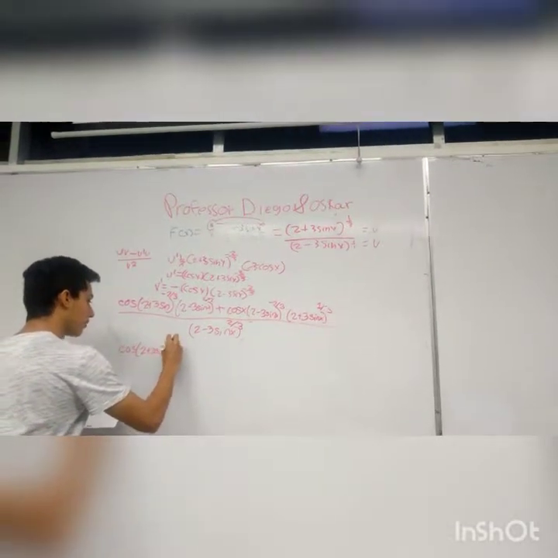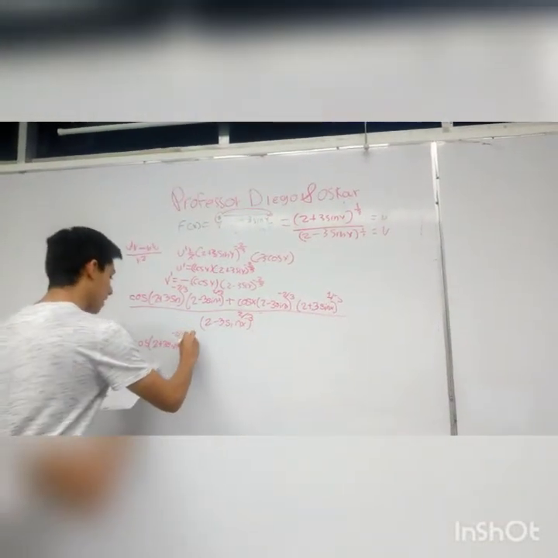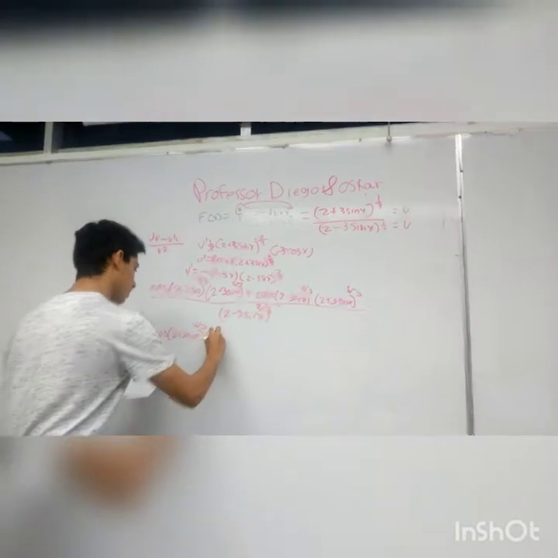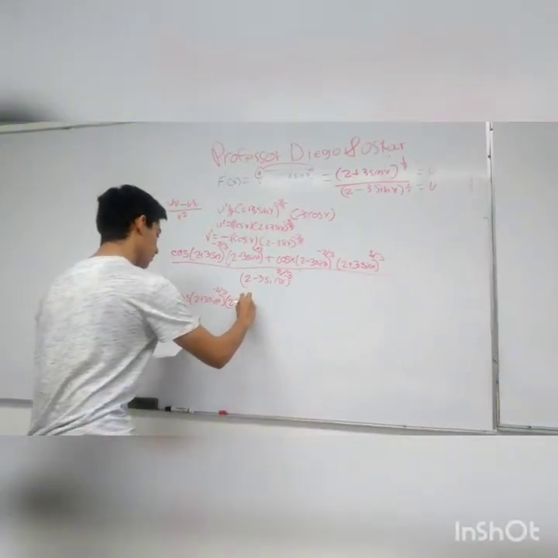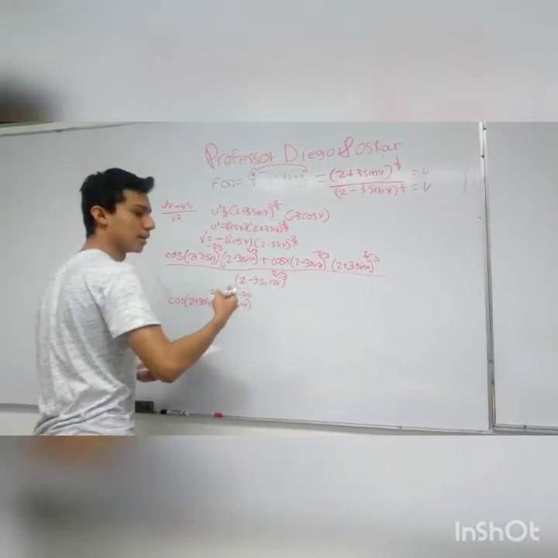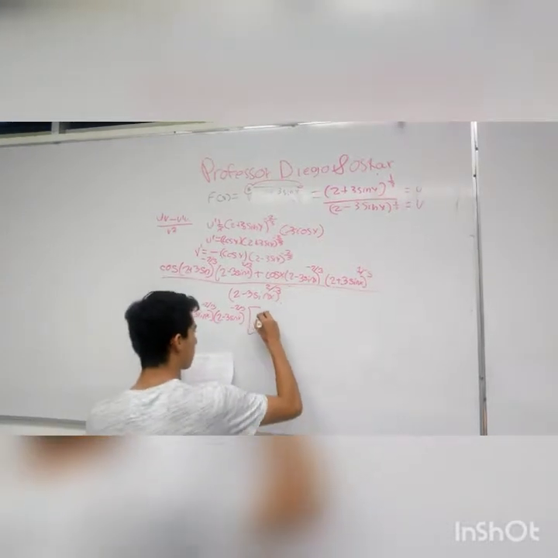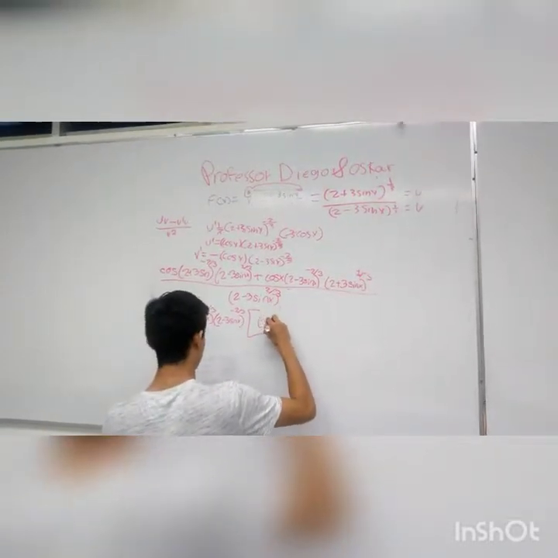We're going to take the minus 2/3 from all of this, because it is the lower exponent. And now we're going to get what is left.